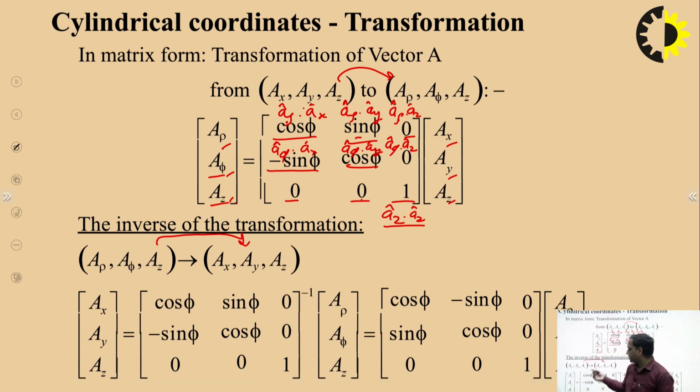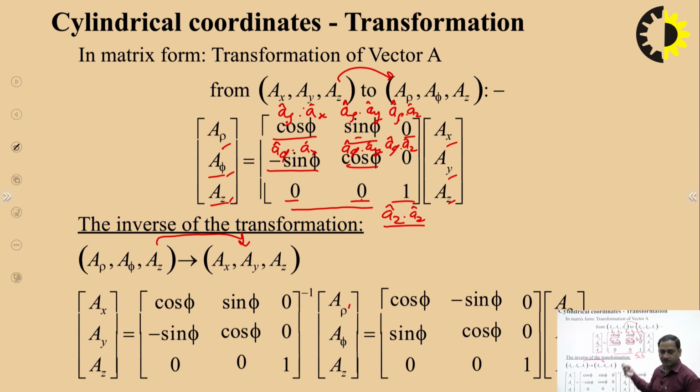Suppose we want to transform in the inverse order. This is the transformation from cylindrical to Cartesian coordinate system. So what do we need to do? Simply take the transpose of this matrix, right? Take ax, ay, az on the left hand side, this one on the right hand side, and take the inverse of this matrix.